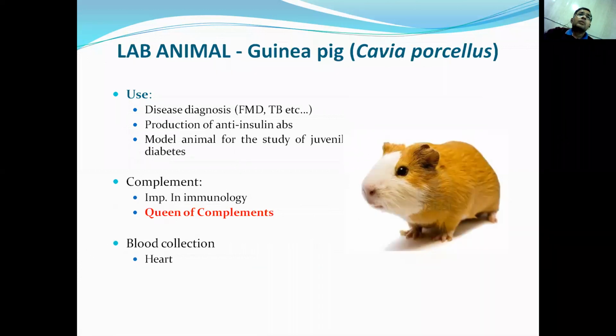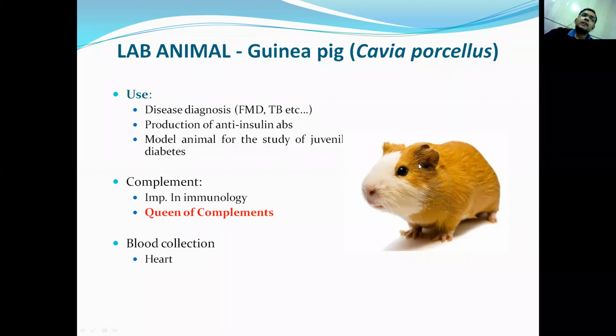Okay, now moving to the fourth one, the guinea pig. The guinea pig is a miniature of a normal pig. It looks like a pig, but it is very miniature. It has many aspects similar to human physiology, and because of that it is generally used for human drug trials.